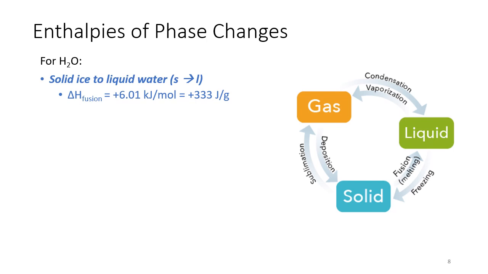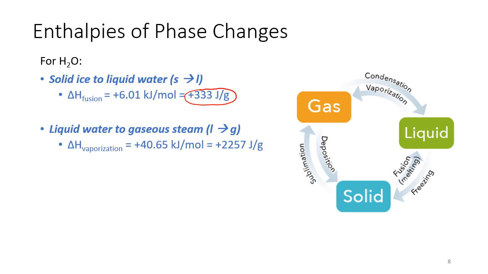Usually when we're solving problems, I find it's easier to start with the units in joules per gram. You will be given both. Going from liquid water to gaseous steam, once again, this is an endothermic process, so our heat of vaporization will be a positive value. It requires 40.65 kilojoules per mole in order to undergo this process for water, or positive 2,257 joules per gram.